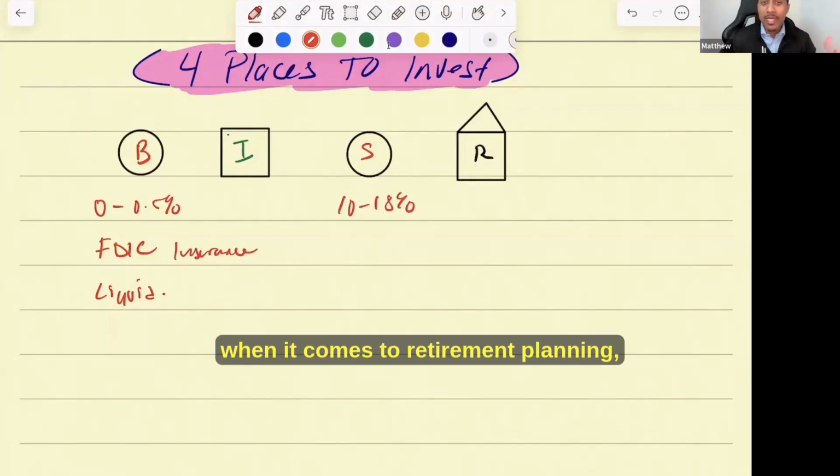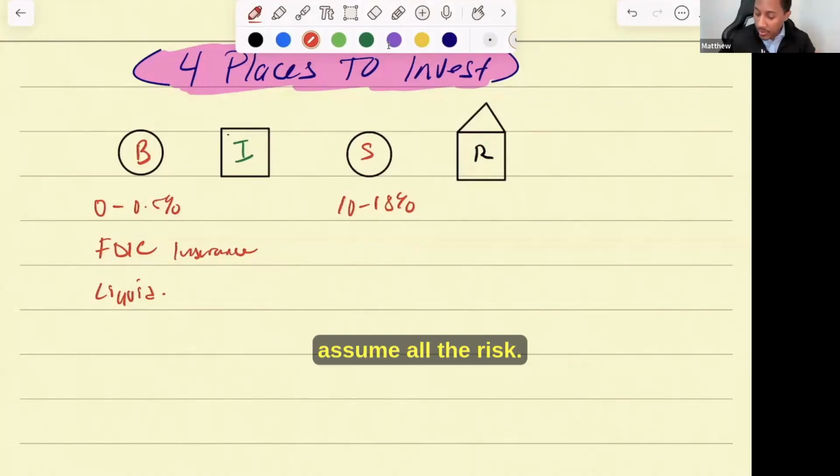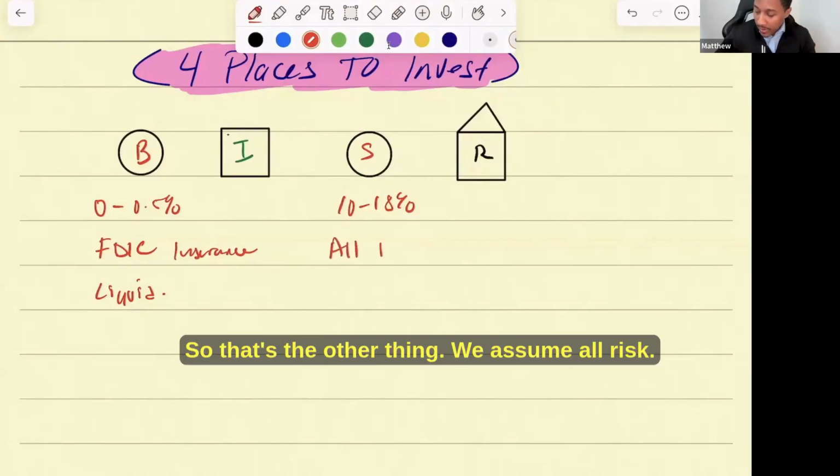Now, when it comes to retirement planning, income planning, and legacy planning, we have to deal with the facts and we have to deal with the real numbers. So I'm going to put my money in the market. If I'm going to put my money in the market, I want to make sure it's somewhere between 10 to 18%, if I'm going to assume all the risk. Okay, so that's the other thing. We assume all risk.